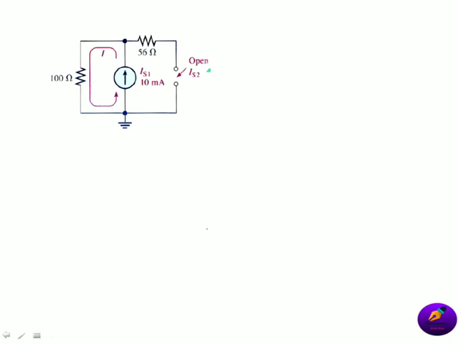We have suppressed the 3 milliampere current by open circuit, as you can see on the rightmost side of the circuit, and therefore the current through the 100 ohm resistor will be 10 milliampere; the same 10 milliampere current will flow through the 100 ohm resistor.